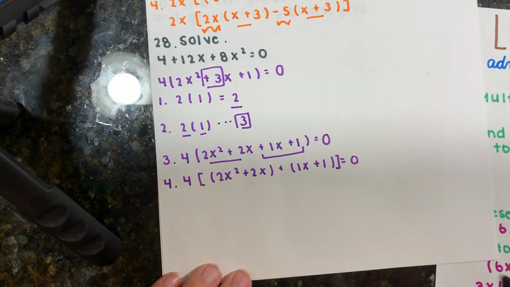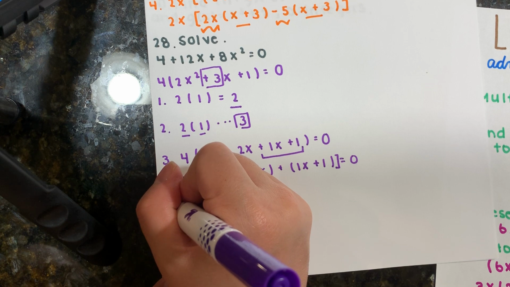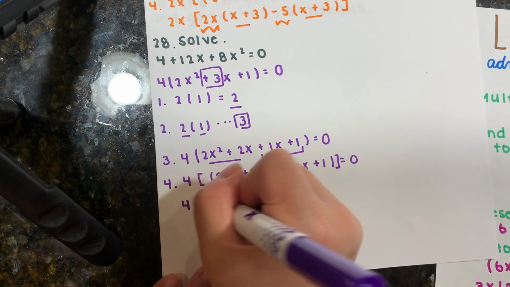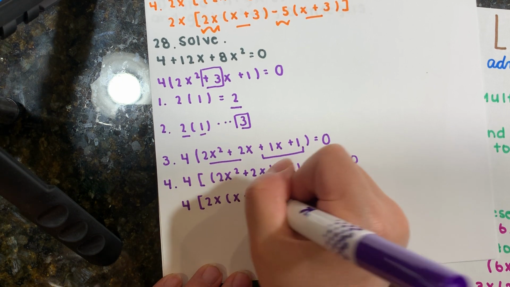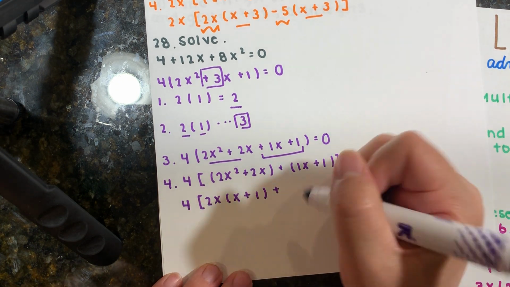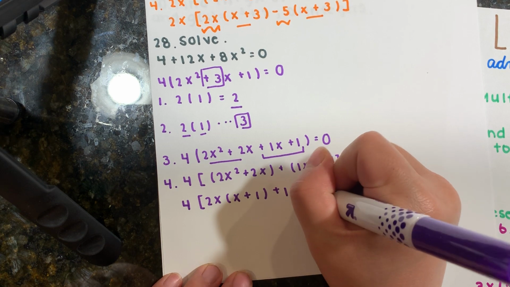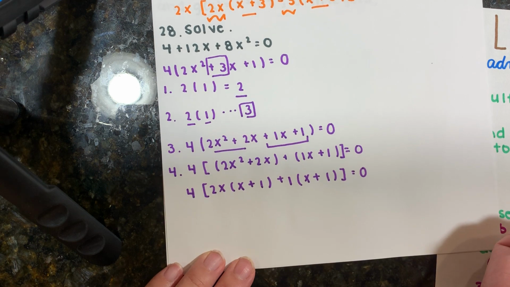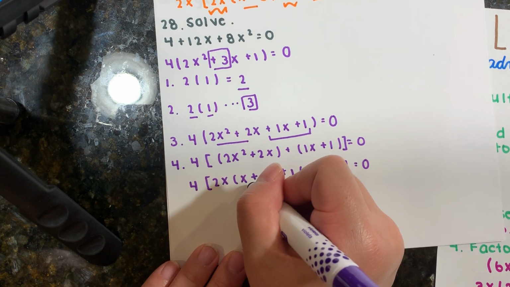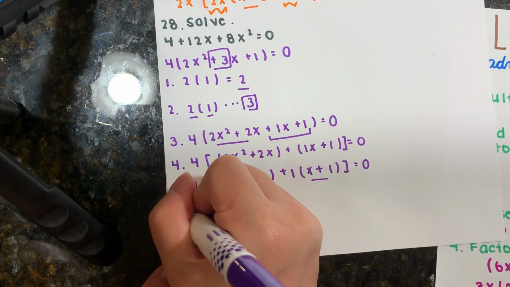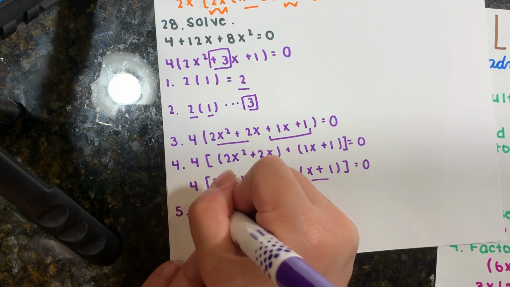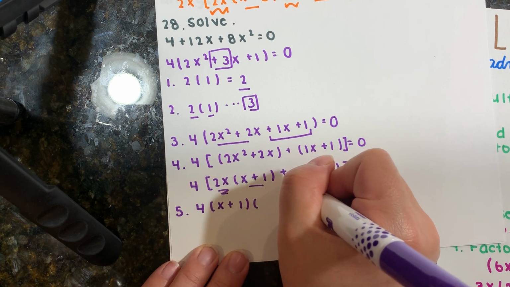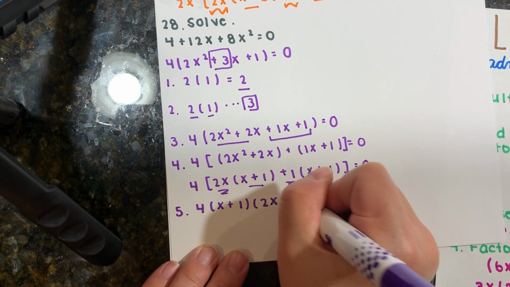So what can you factor out of the first parentheses? That would be a 2 and an x, which would leave you with x plus 1. Second parentheses, I can only factor out a 1, which would just be x plus 1. So now you're going to factor out the x plus 1. So that would be 4 times x plus 1 times what's left, which would be the 2x plus 1.